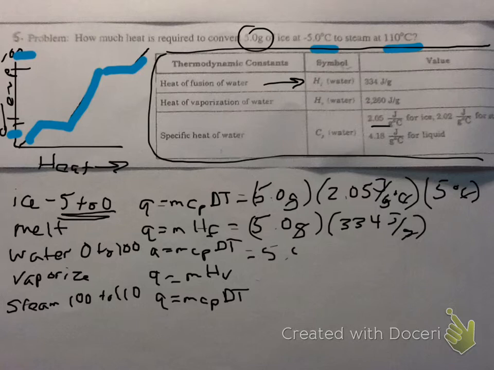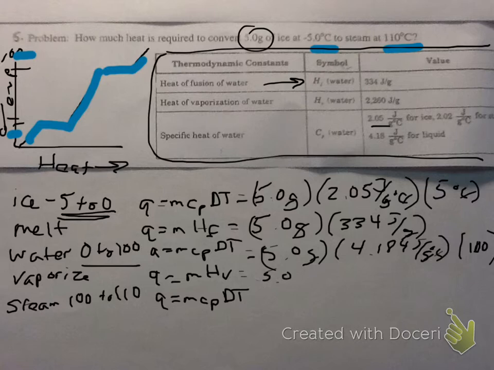Here, 5 grams times the specific heat of liquid water, 4.184 joules per gram degrees C. And the change for this segment is 100 degrees C. Again, the answer will come out in joules.